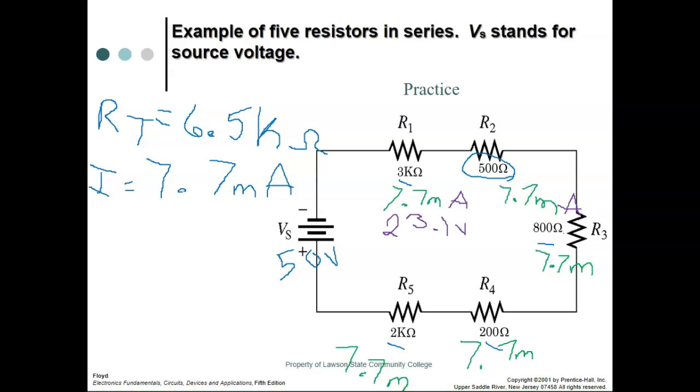What about number 2? 3.85. Number 3. Number 4. And then R5.